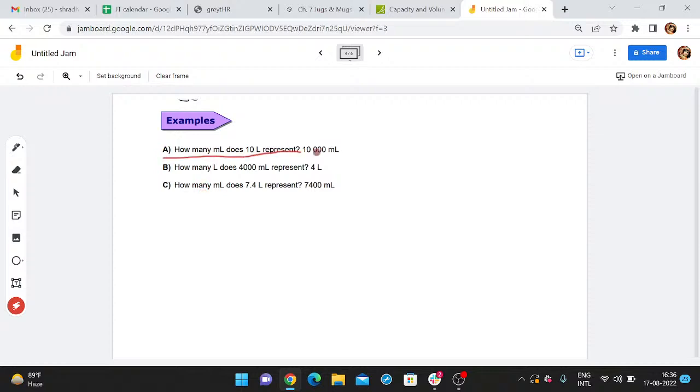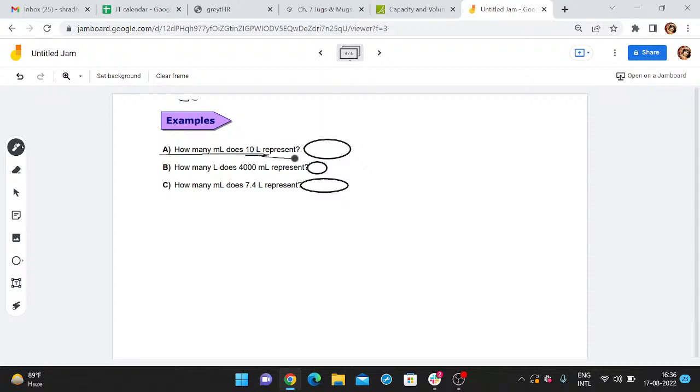There are 3 questions. We are not going to focus on the answer. Let us suppose the answers are hidden to us, and we are first going to solve it. The first question is, how many milliliters does 10 liters represent?